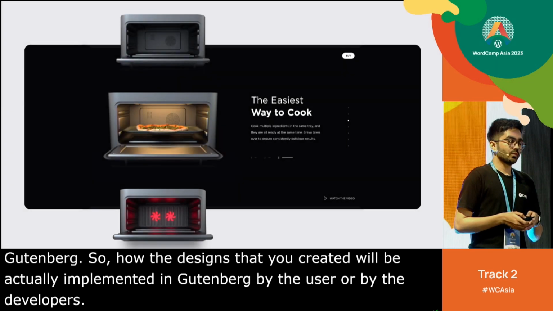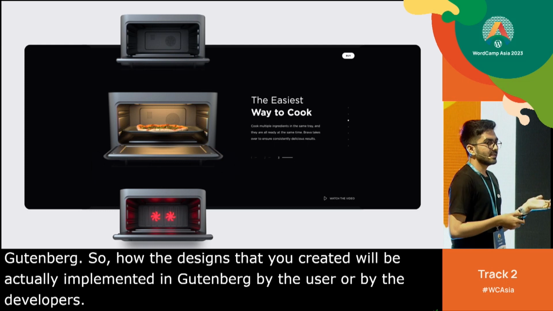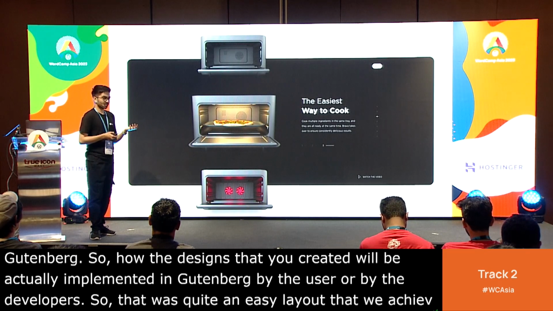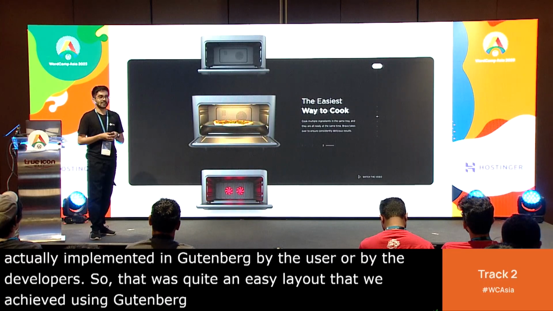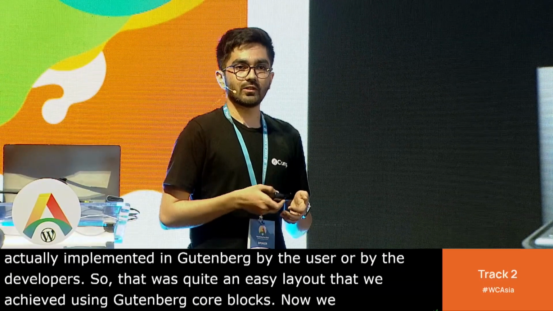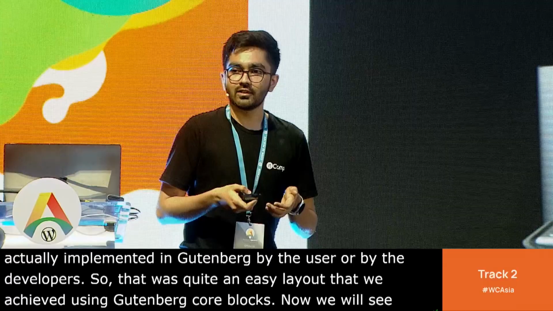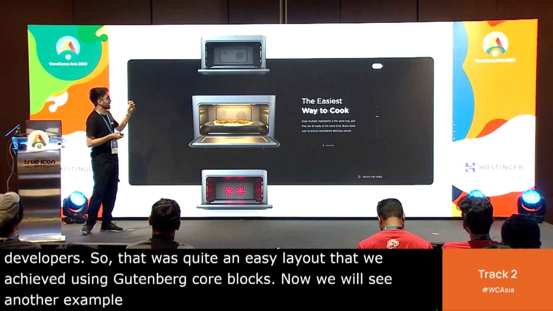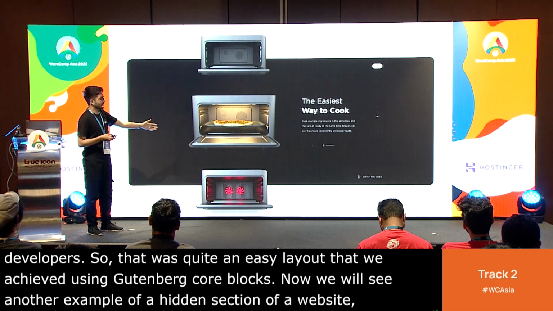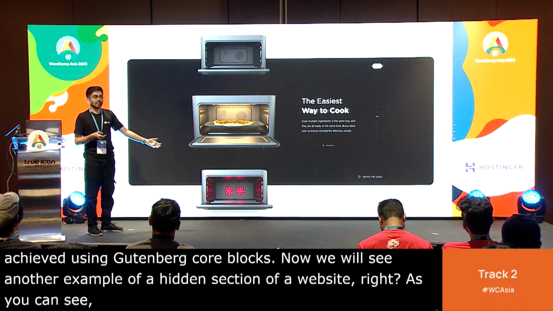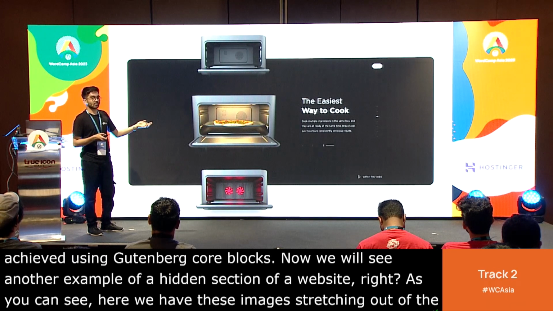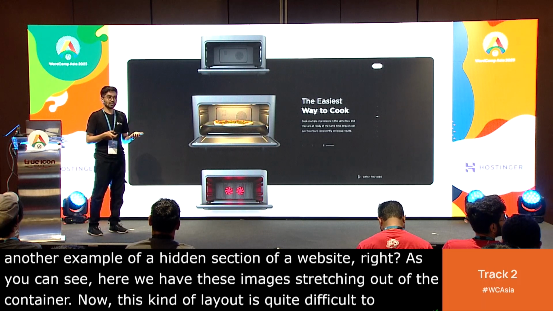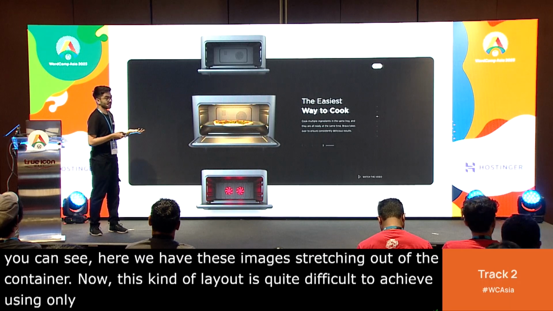So that was quite an easy layout that we achieved using Gutenberg core blocks. Now we will see another example of a hero section of a website, right? As you can see, here we have these images stretching out of the container. Now this kind of layout is quite difficult to achieve using only the core blocks, or it's almost impossible to achieve.